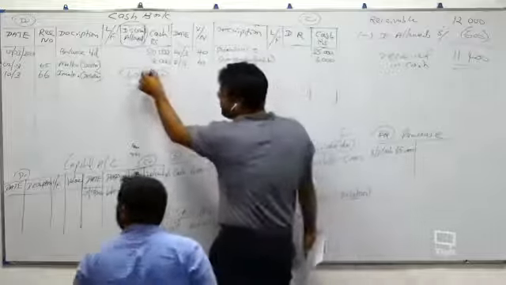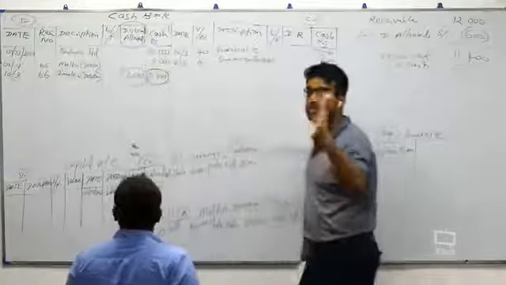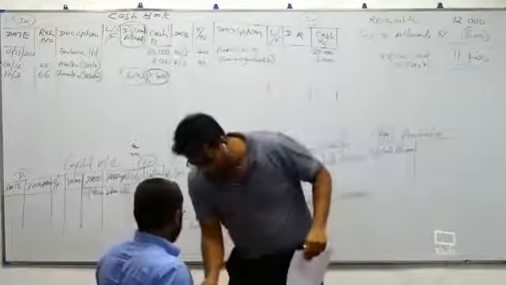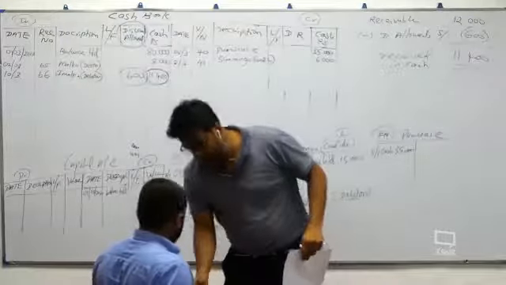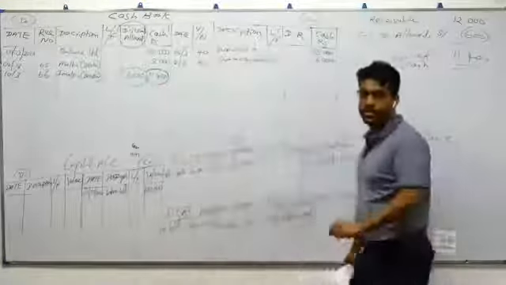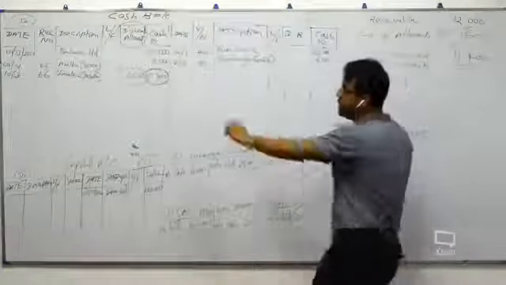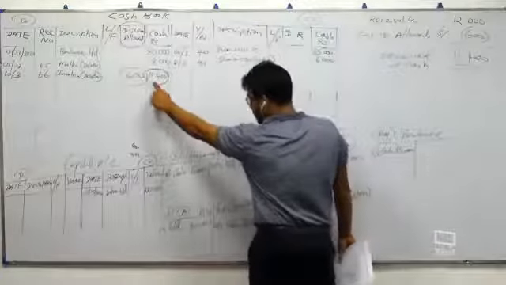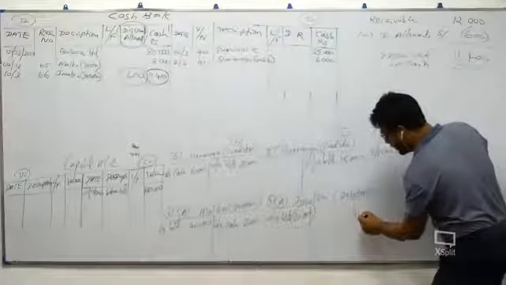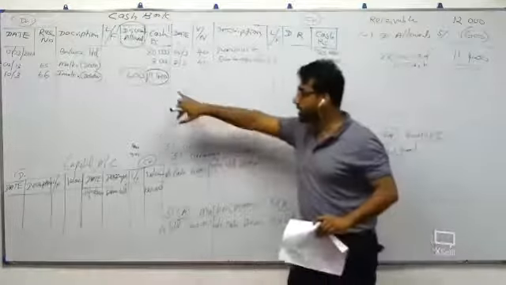Only for the cash received should we write the double entry first. So the initial double entry for cash received: cash debit.